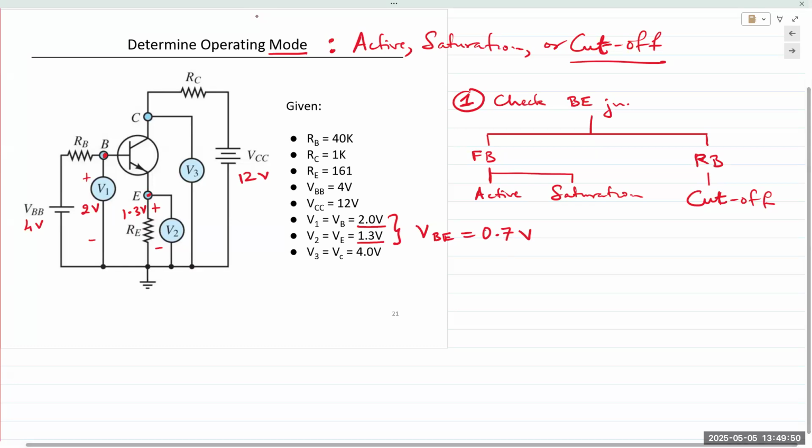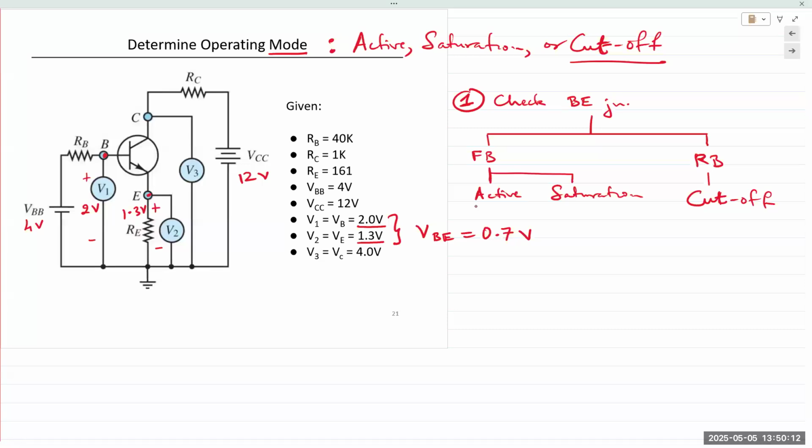If VBE is 0.6 or 0.7 volts, that means that junction is forward biased, a forward biased diode. Again, this is an NPN transistor, so the base must be higher than the emitter. So VBE is plus 0.7. If this was a PNP transistor, it would be minus 0.7.